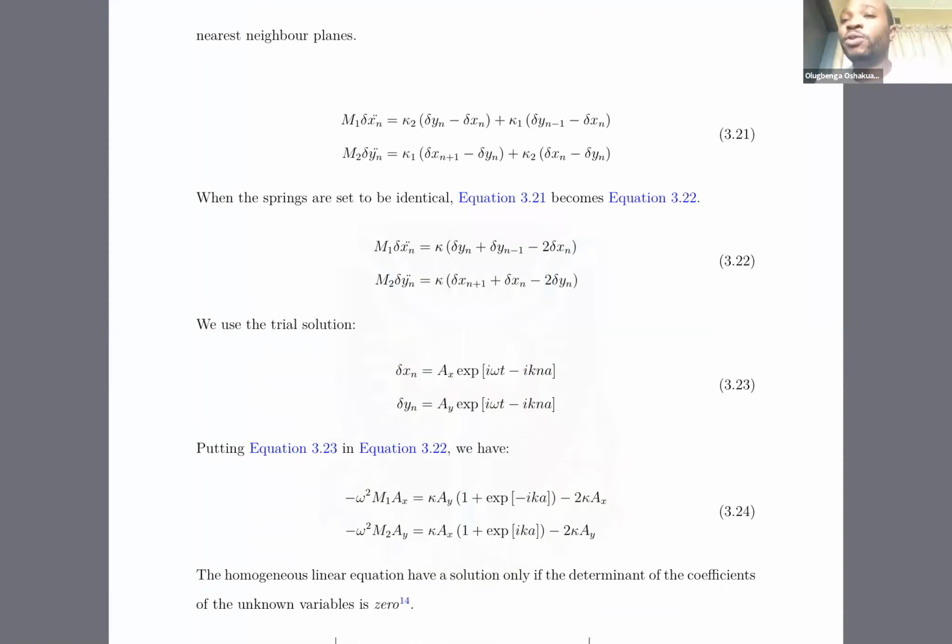Just like we did in the monatomic chain, we spoke about Newton's second law of motion by saying that F is equal to MA, and we know that A is the second derivative of x with respect to t, and that is exactly what we have here.